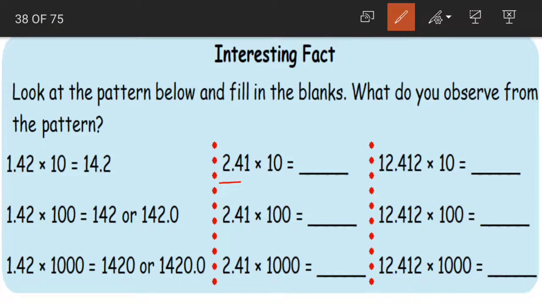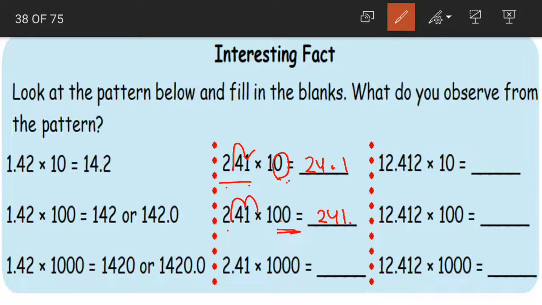Now, based on the same logic, here if you look at the numbers 2.41 into 10. 10 is having 1 zero. So, the decimal point will move one place to the right. We'll have 24.1. Now next 2.41 into 100. Here we are having 2 zeros, so it moves two places to the right.